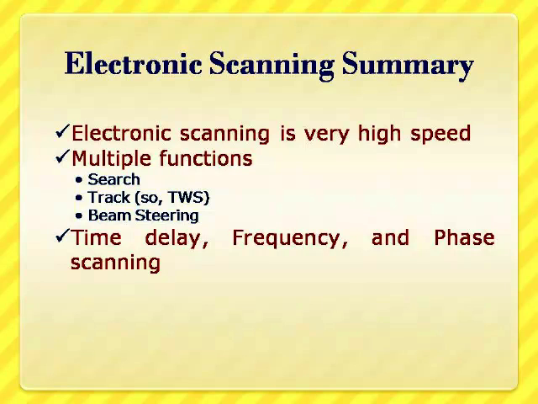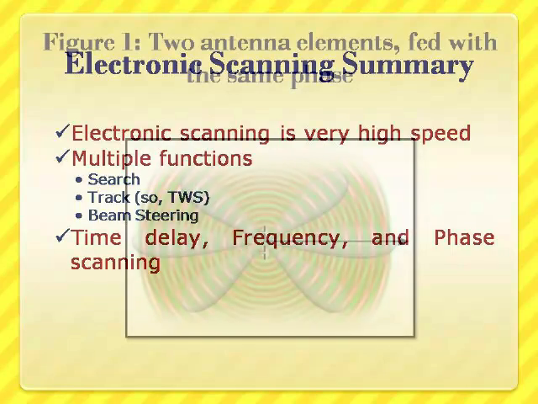That is, here we can search the space while we are also doing the tracking. So, track while scan can be easily implemented using a phased array system. The third one is that the beam steering is very much flexible or easy. Then the methods that can be employed for this are time delay, scanning method, frequency and phase shifter.